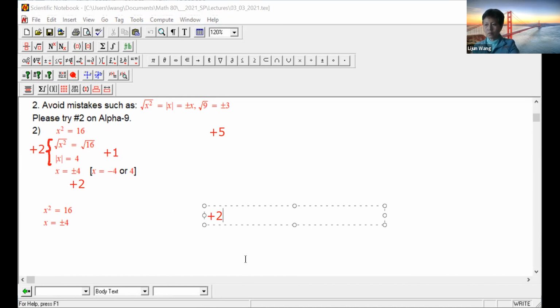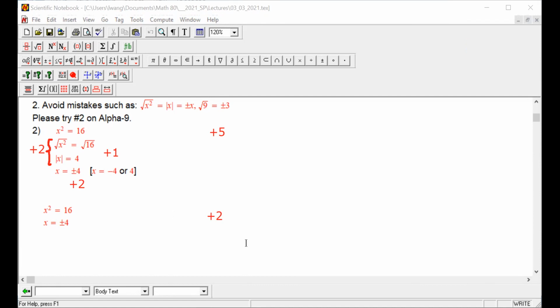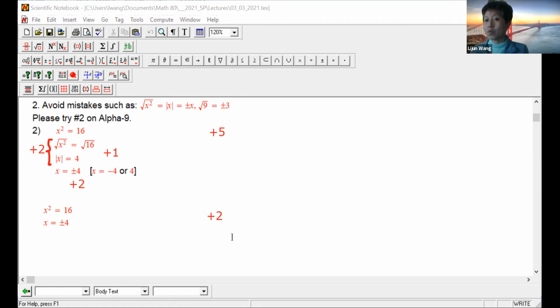Is that clear, everybody? Yes. So this is the rubric, and I will be grading your work for this type of question for the entire semester and beyond. It's your choice. All right, so let's continue with some other interesting questions, for example, number three.